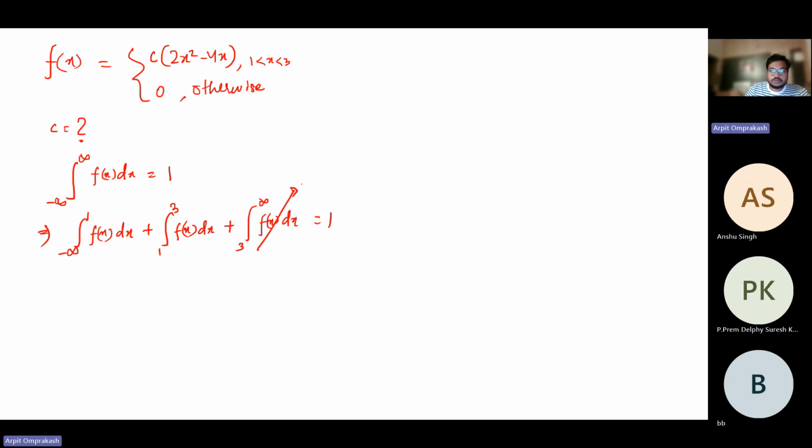So this one becomes 0 and this one becomes 0 because the function is 0. So what we are left with is f of x dx in the range 1 to 3 is equal to 1.